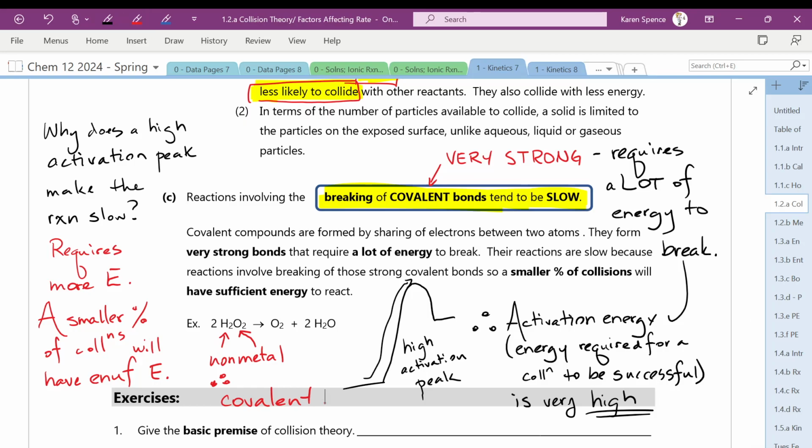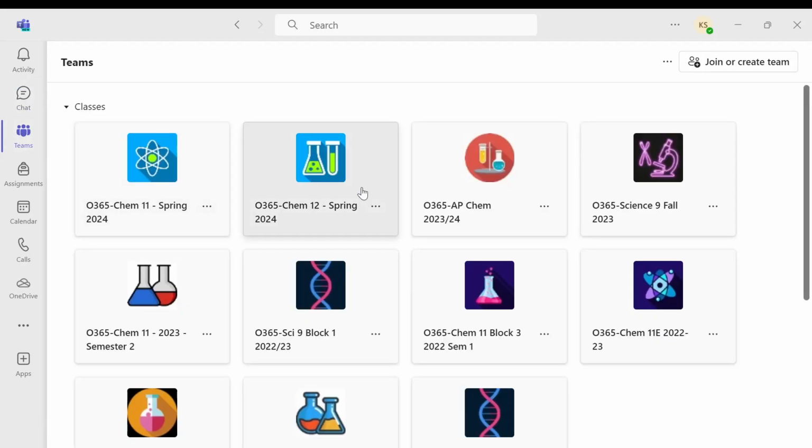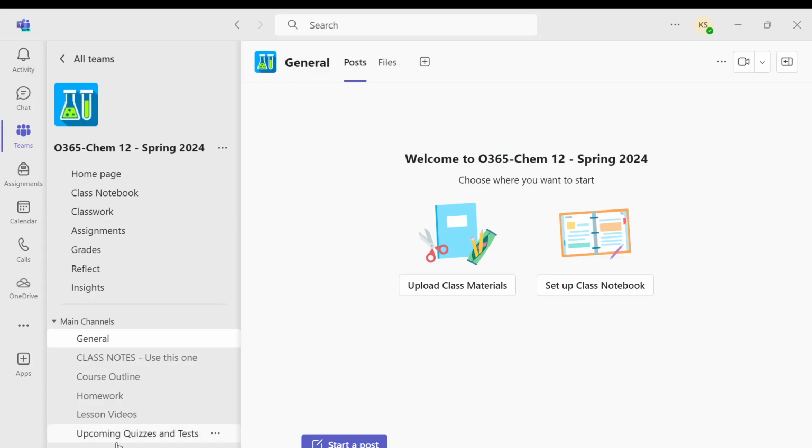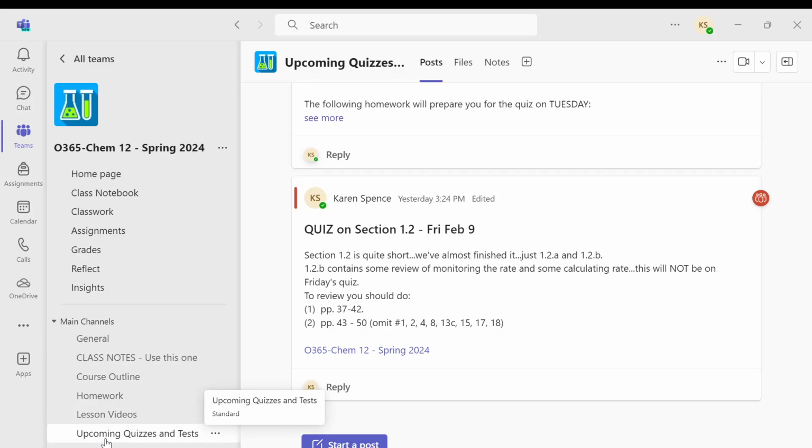Let's see, it's on Teams. Chem 12. I'll write it on the board so we can see it. Okay, pages 37 to 50.